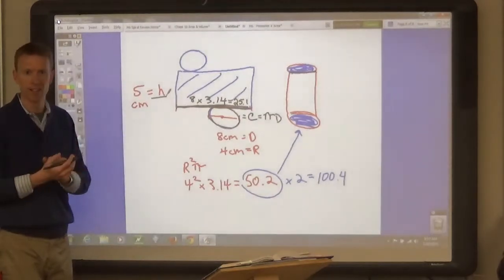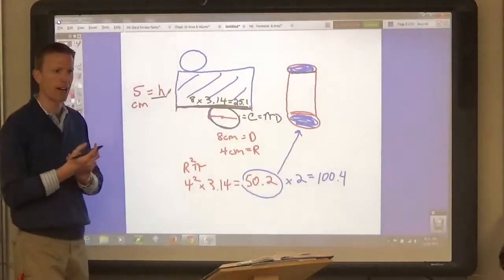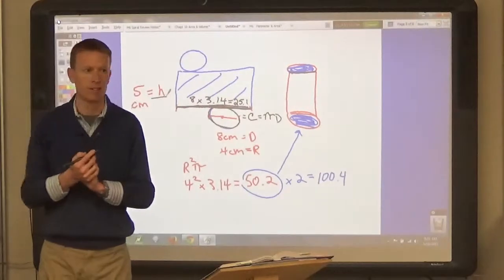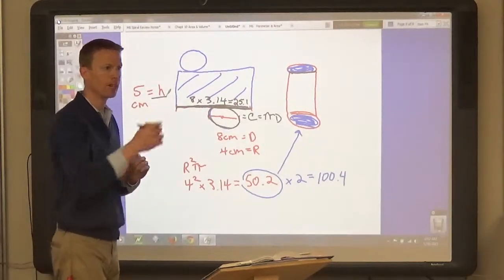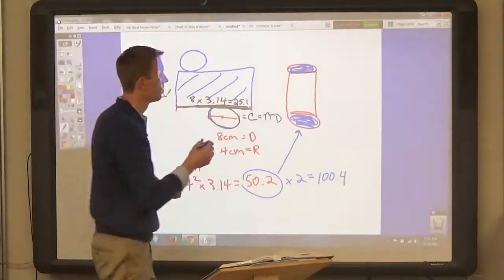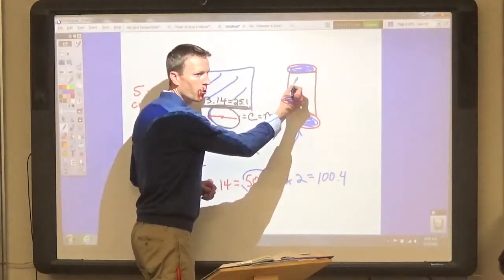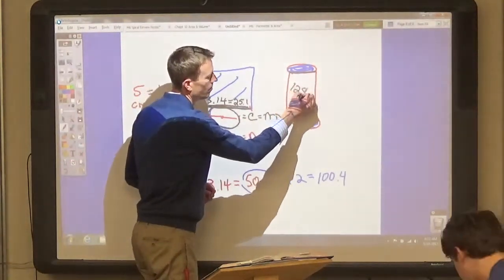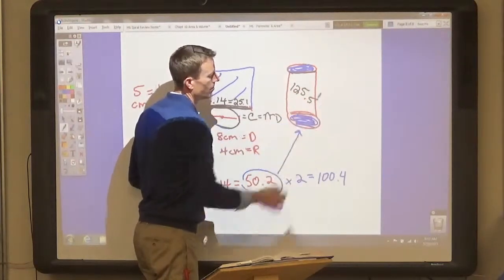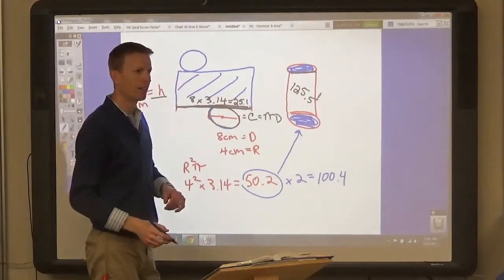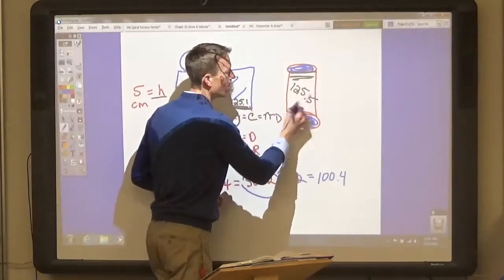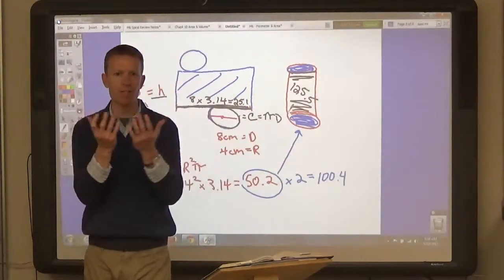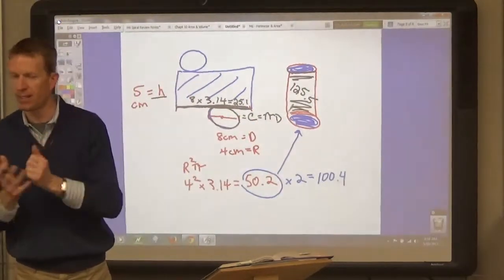So find that. 25.1 times 5. Michael? 125.5? Yes. No calculator. All right. So that's the area of the label that's going around the can, right?